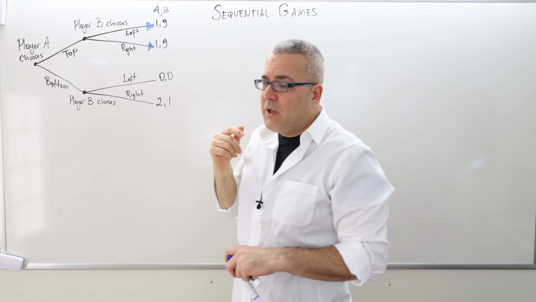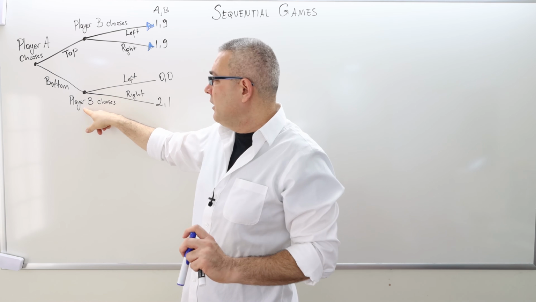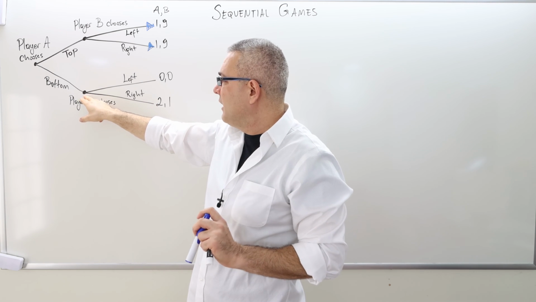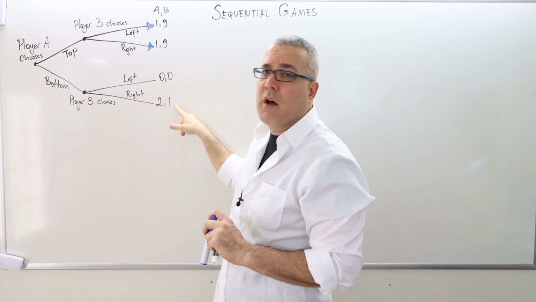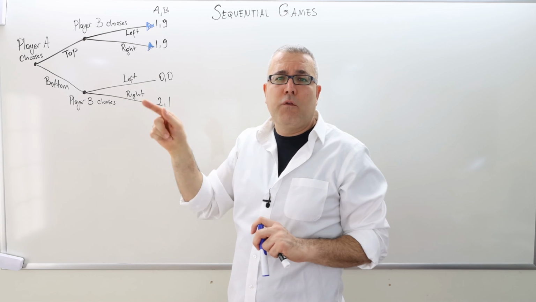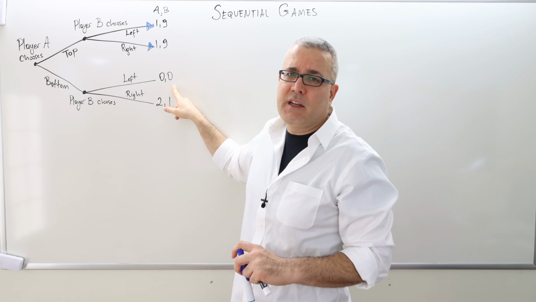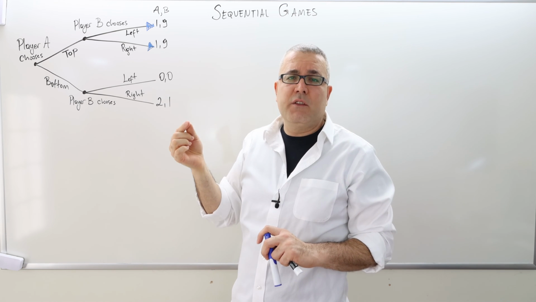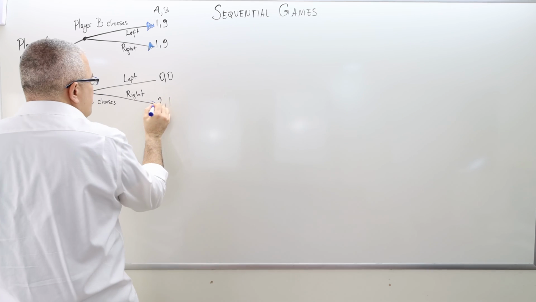Player A also knows that if she chooses bottom, player B will observe that. So she knows that player B's payoffs under consideration are either 0 or 1. Obviously, player B at this point is going to go for the highest possible payoff, which is 1. That's also the assumption: even 0.1 is better than 0. So she's actually going to choose right.